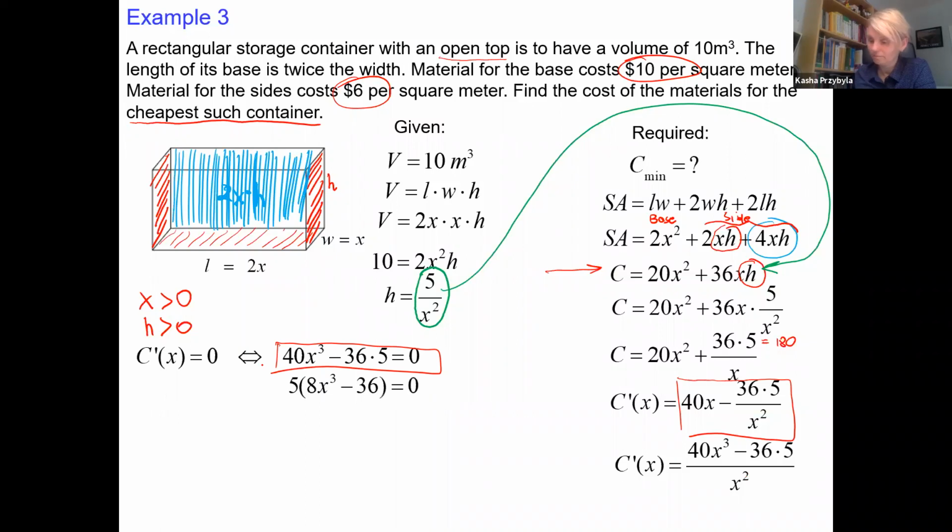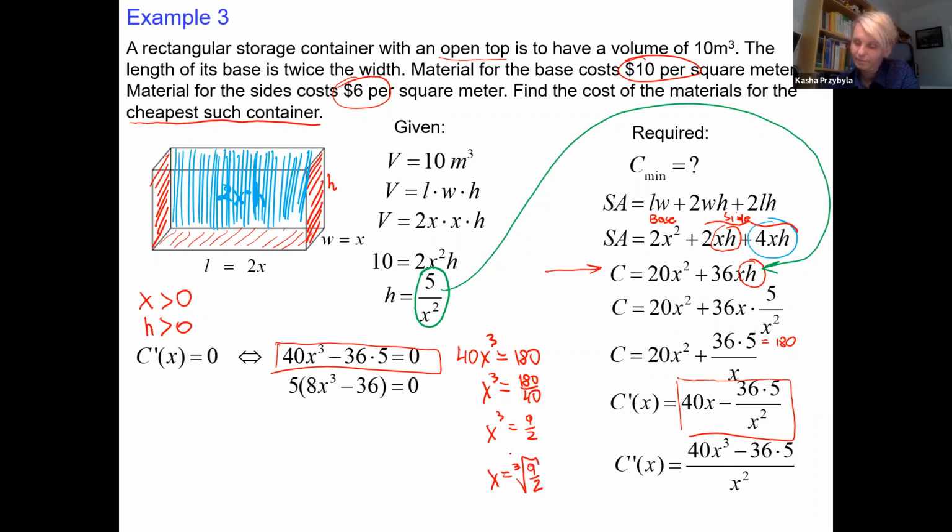And now, I'm still trying to make it easier, but I don't know if this is easier, because we can definitely say 40x cubed equals 180, and then x cubed is 180 over 40, which will be 9 over 2. Oh, that's definitely not a nice number.